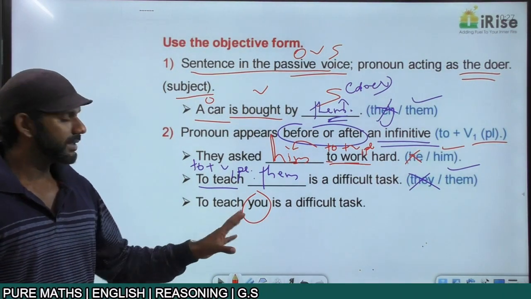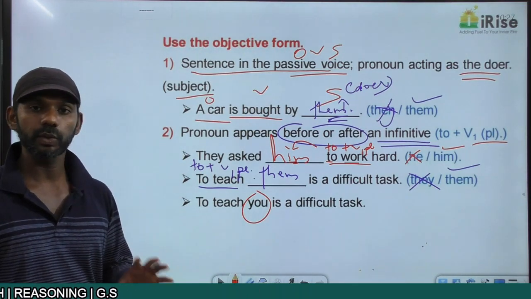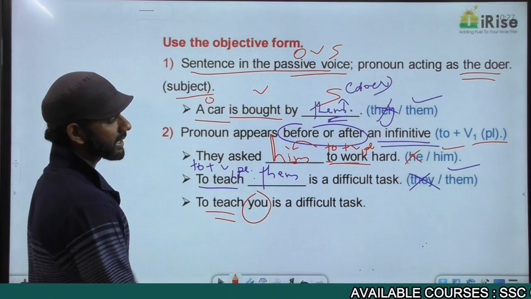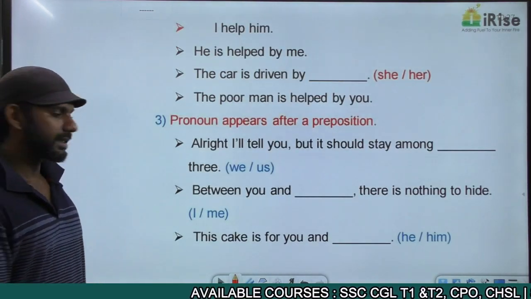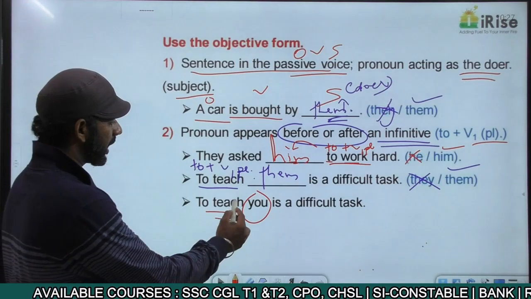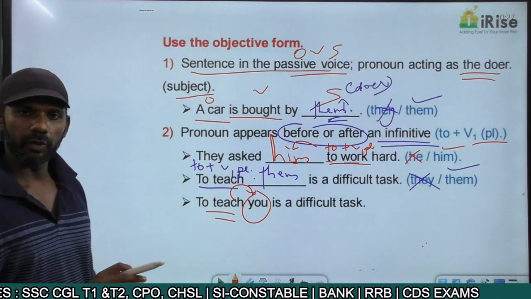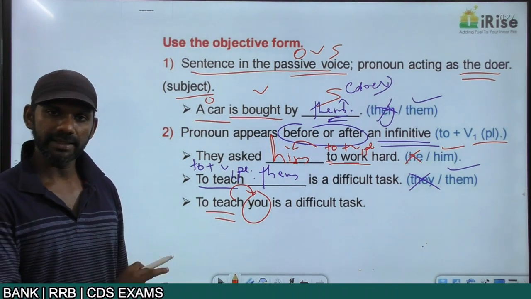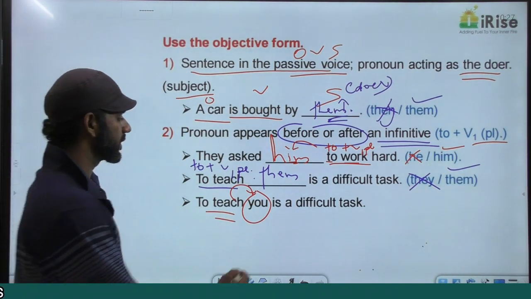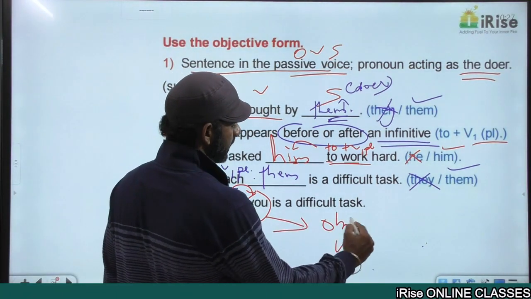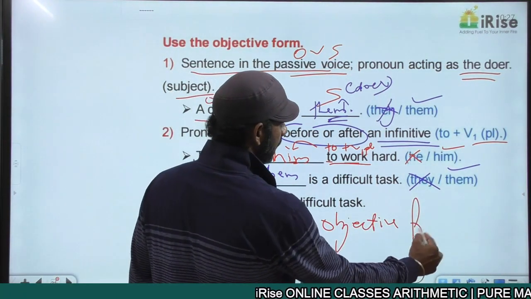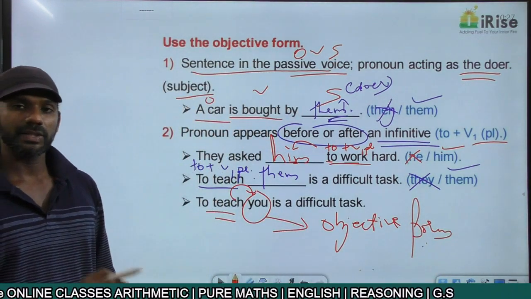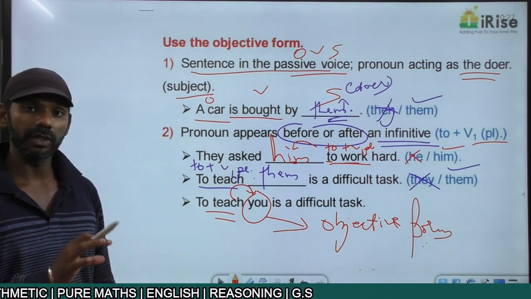I say it is in the objective form, because to teach is an infinitive, and the pronoun is coming after the infinitive. If a pronoun comes before or after an infinitive, it must be in the objective form. So here the pronoun you is in the objective form. Getting it? Based on the rules, you can easily identify which form of the pronoun it is.